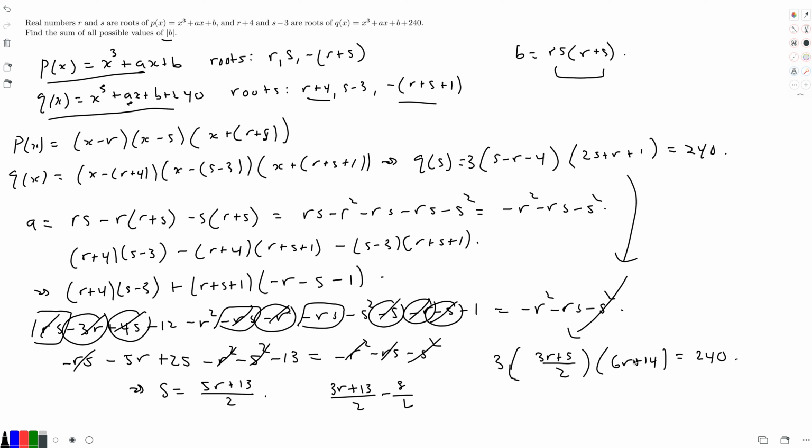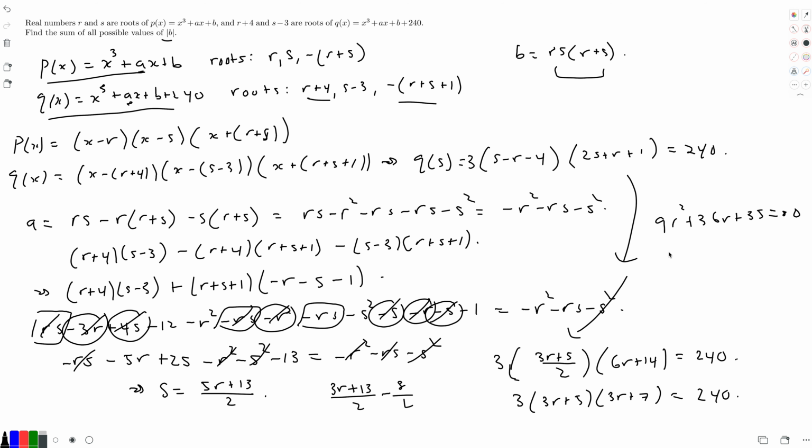That's nice. We can factor out a 2. That'll cancel with this denominator. And then 3 times 3r plus 5 times 3r plus 7 is equal to 240. We can divide 3 on both sides and simplify to get 9r squared plus 36r plus 35 is equal to 80.